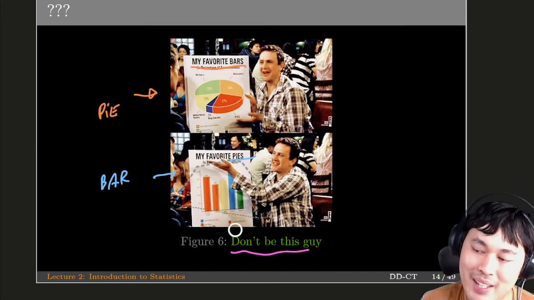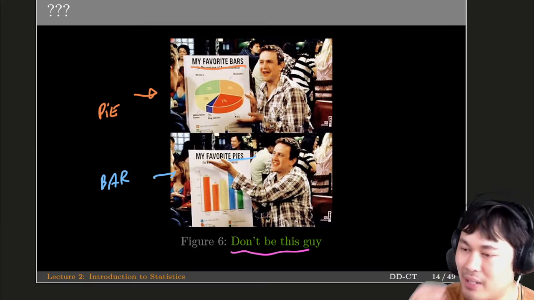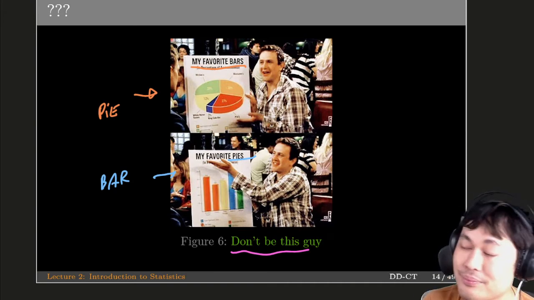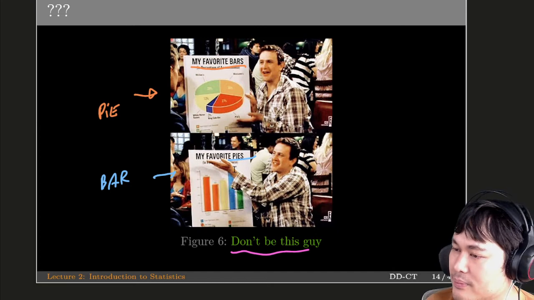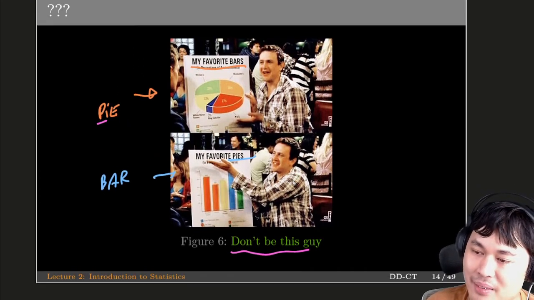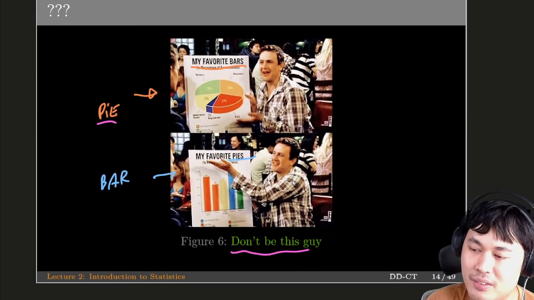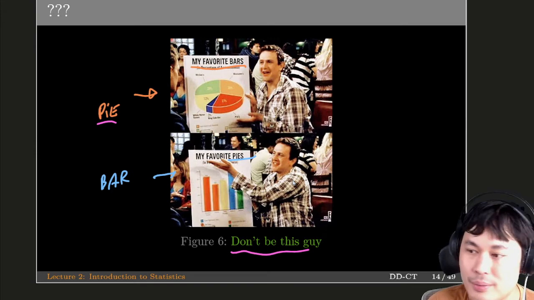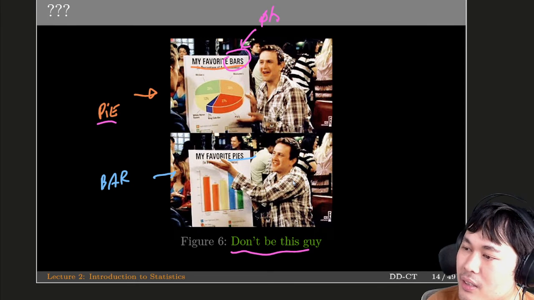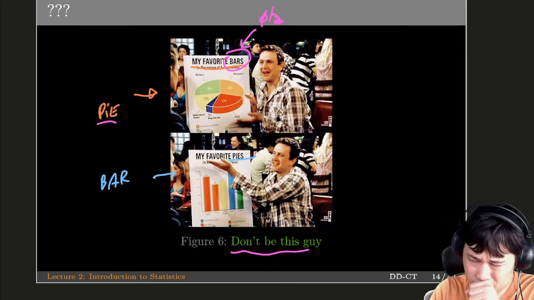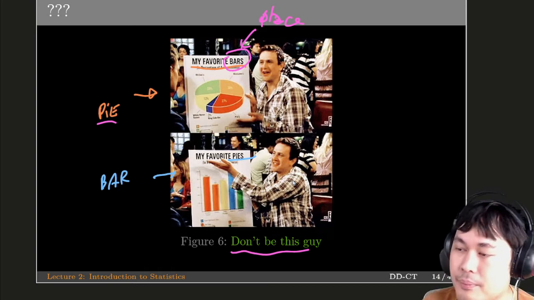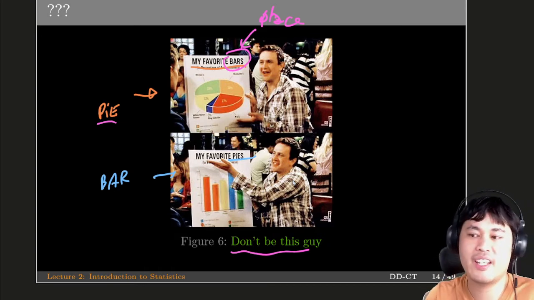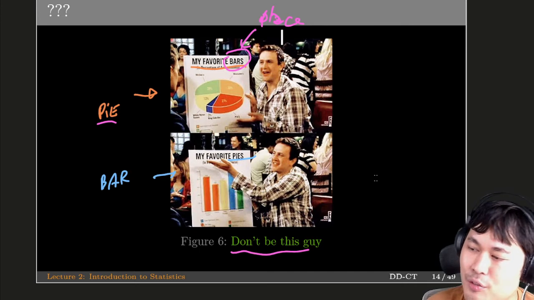Okay, you can make the pies in pie charts and then bars in bar charts, but there's a nice joke about the use of the word. Oh, and by the way, this pie means pies as food, but bar here means a place where you go to drink and spend the night with your friends.